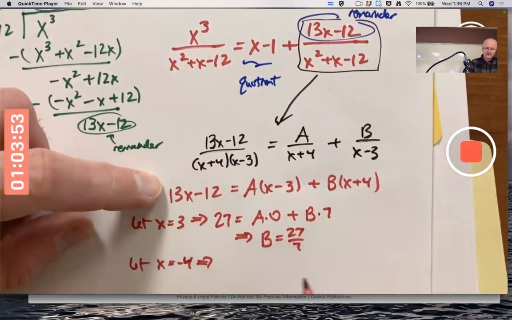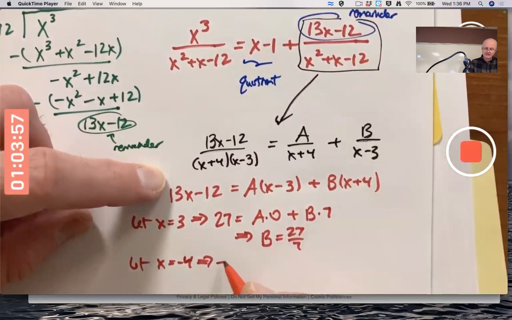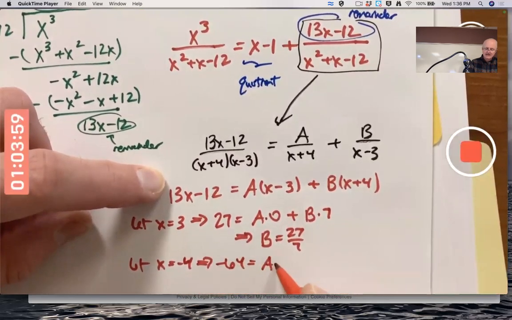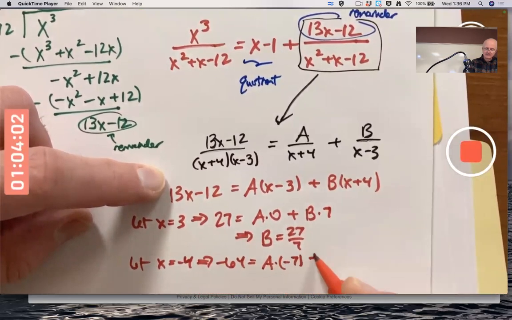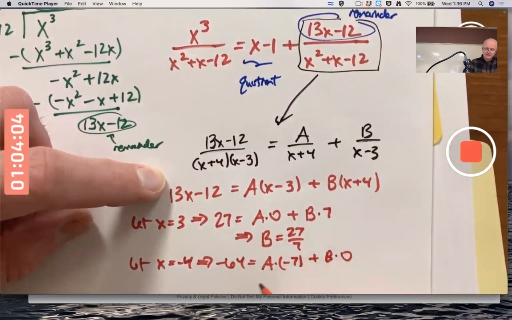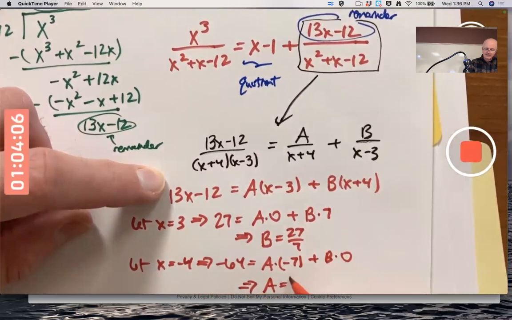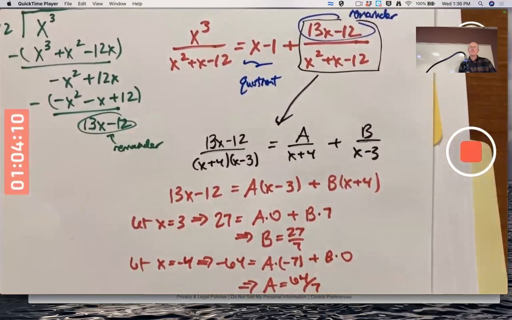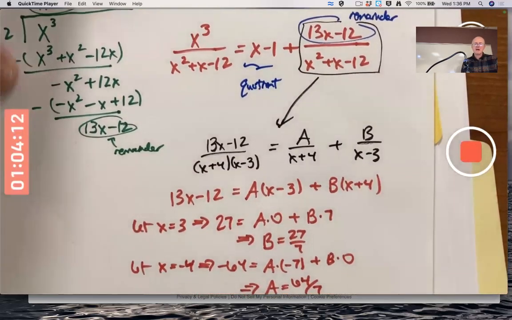On the left, 13 times negative 4 is negative 52, minus 12 is negative 64. A times negative 7 plus b times 0. So a is 64/7. Almost done.